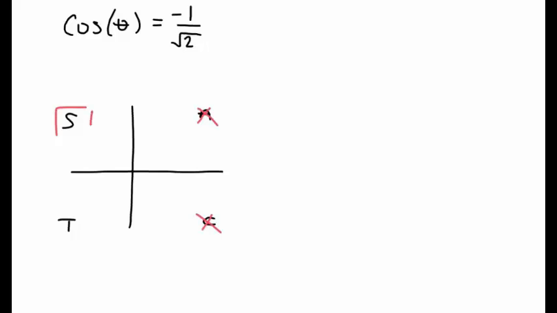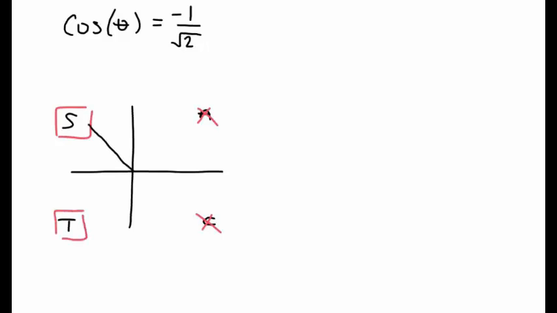Since I tend to work with the two special triangles, I'm going to favor having cos theta in this form, negative 1 over square root of 2. So let's go ahead and set up our CAST rule. We have that cosine is negative. So here cosine is positive, here cosine is positive, so our two quadrants of interest are here and here.